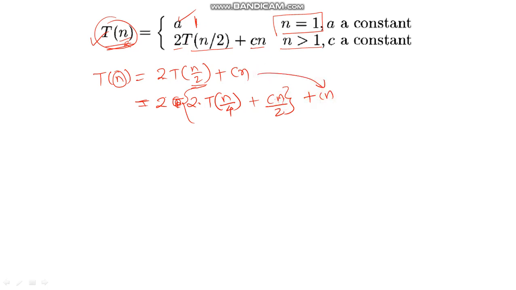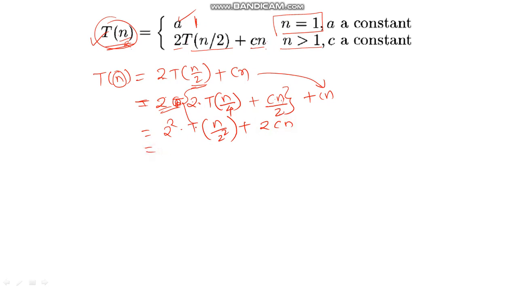So keeping n equal to n/2 means C into n will become n/2. So C into n/2. So this equation becomes 2 into 2, which is 2 raised to 2, into T of n/2 raised to 2, plus Cn/2 into this 2 will become Cn, and this Cn will become 2Cn.